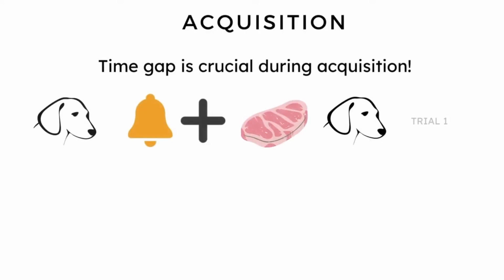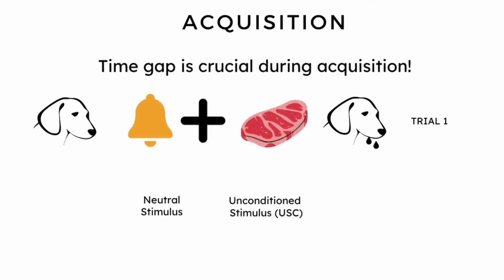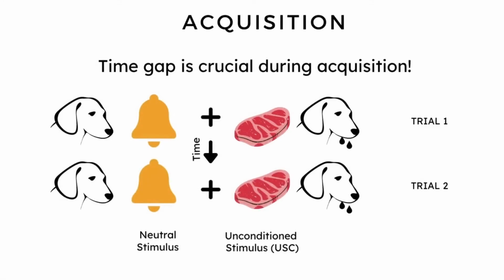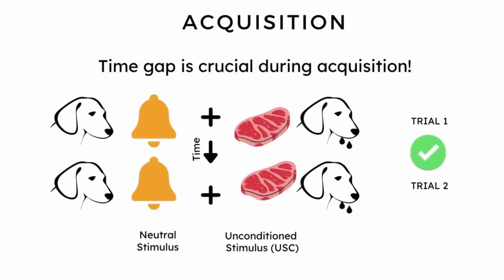When the stimulus is presented crucially impacts the process of acquisition. For example, you start the experiment and present the neutral stimulus and the unconditioned stimulus in trial 1, and then after a very brief time period, present the next trial and continue doing this repeatedly during the conditioning process. Presenting the next trial in immediate succession will lead to successful acquisition because the animal will be able to relate the events well.